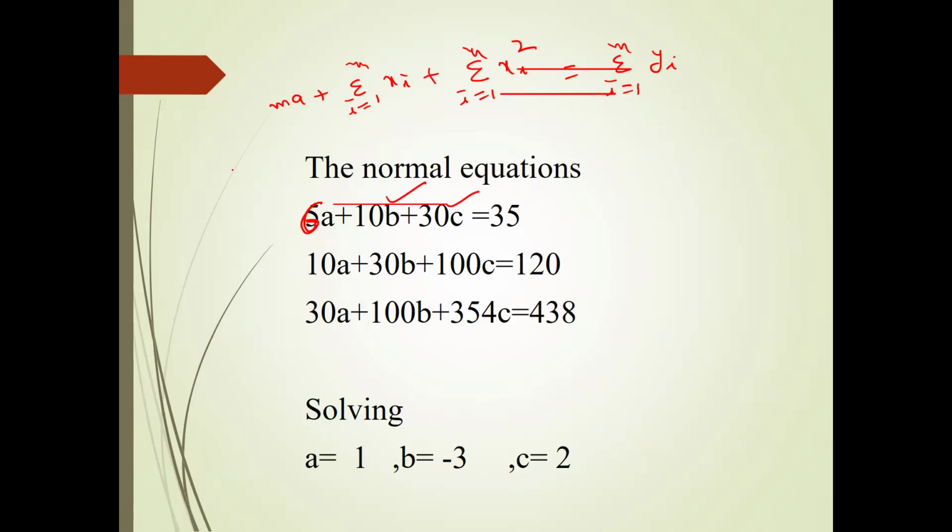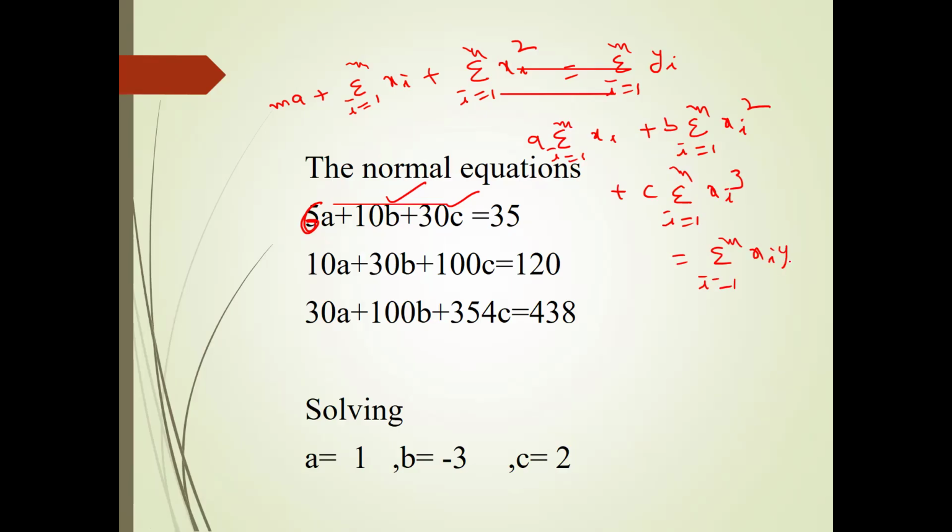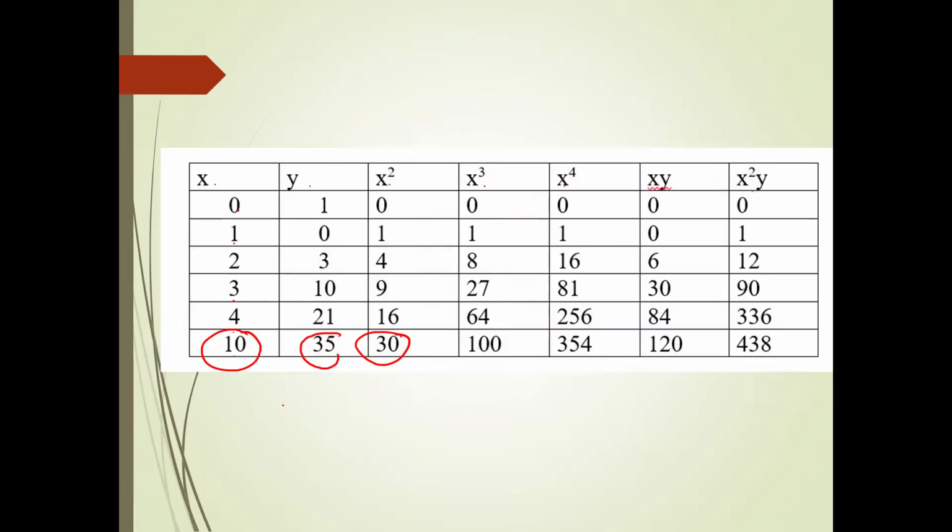Next, what is the next equation? Sigma xi into a plus b into sigma xi square plus c into sigma xi cube is equal to sigma xi yi. This is the procedure. So sigma x is 10, so 10a plus b into x square, which is 30, and c into x cube, which is 100, equal to xy, which is 120.